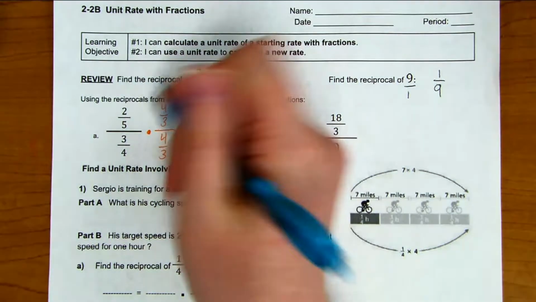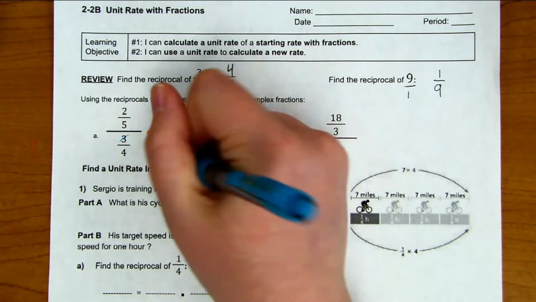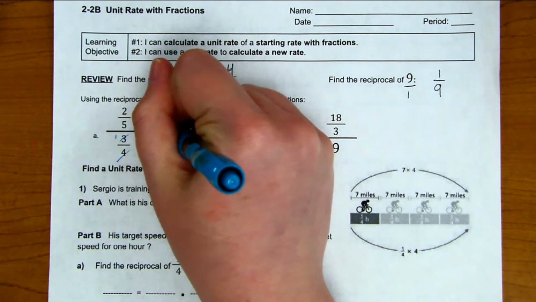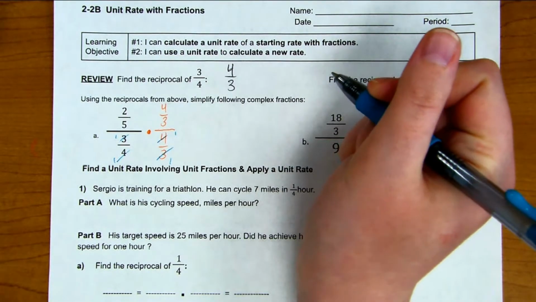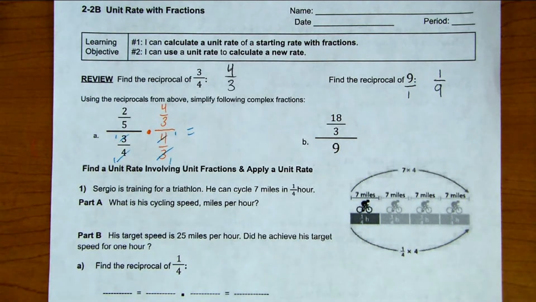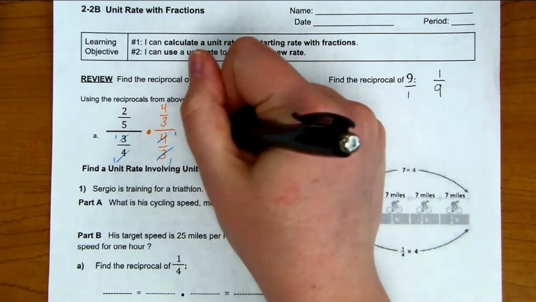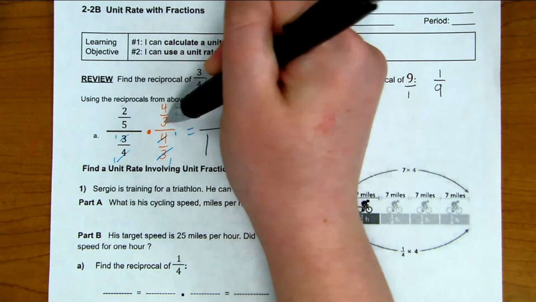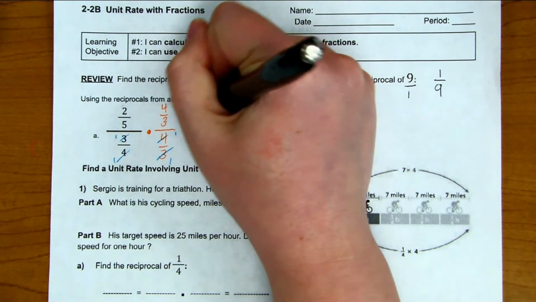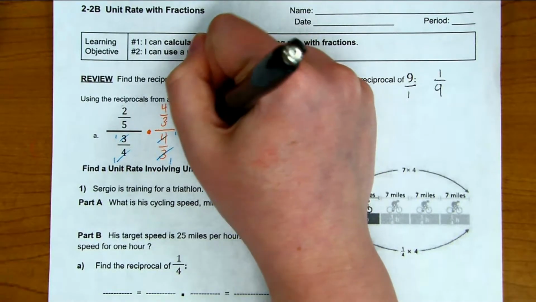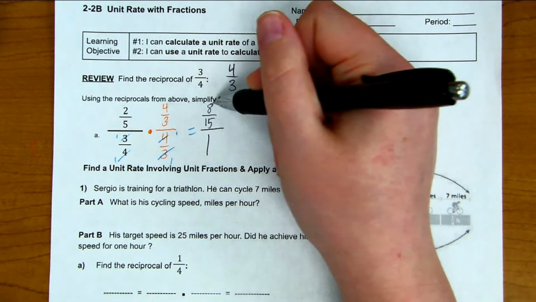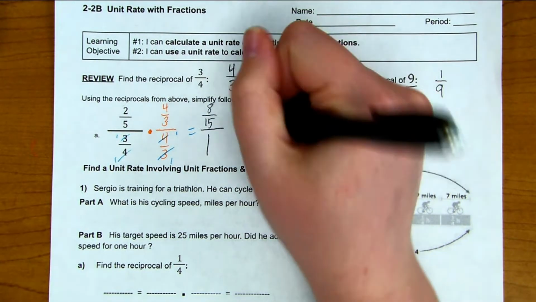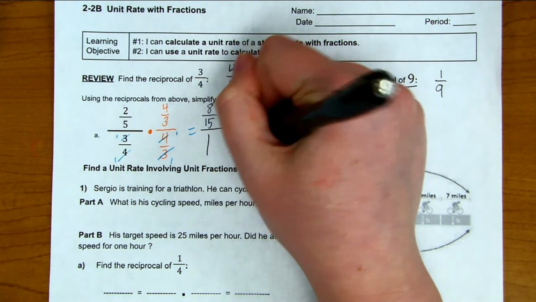So if we do this, the 3's will cancel out to be 1's, the 4's will cancel out to be 1's in the denominator, so we are left with just 1 in the denominator. In the numerator, we can go ahead and multiply going across the fraction, so 2 times 4 is 8, 5 times 3 is 15, so we'll end up with 8 over 15 divided by 1, which is just the same thing as 8 over 15.